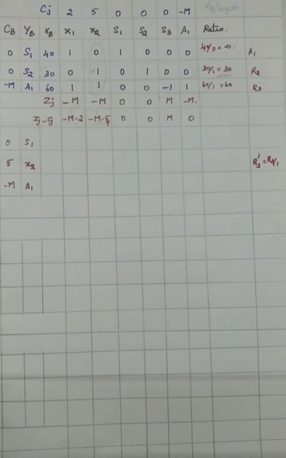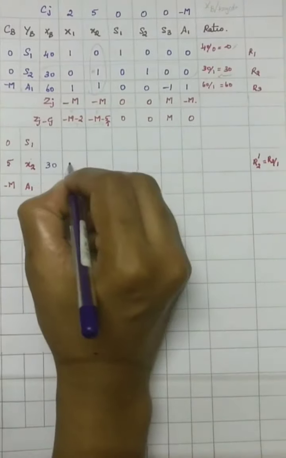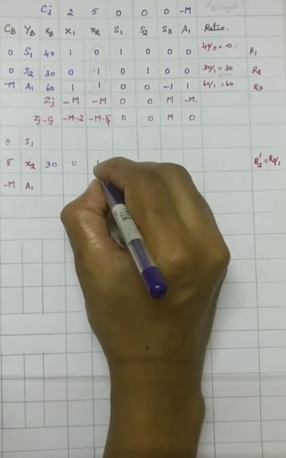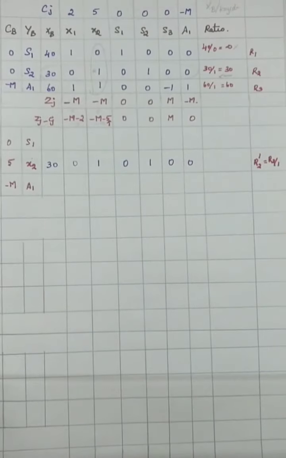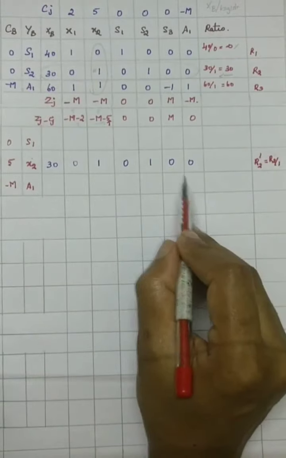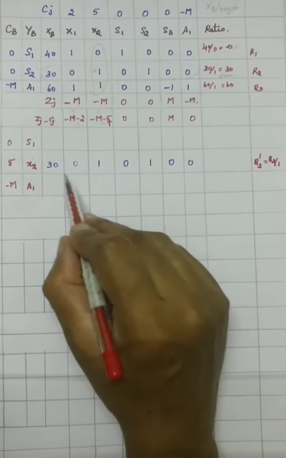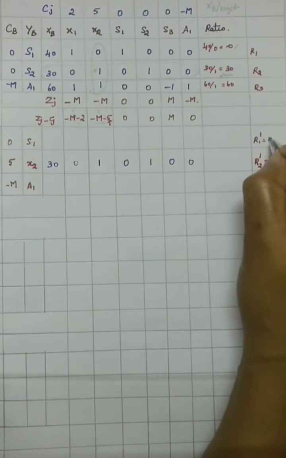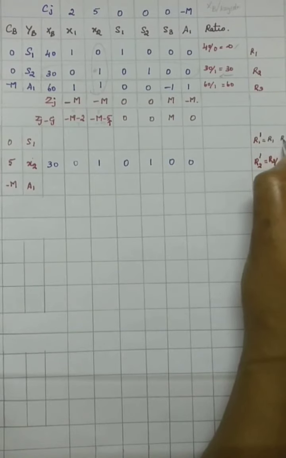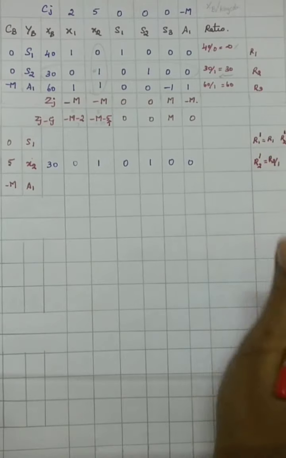Now write the values: 30 divided by 1 is 30, 0, 1 divided by 1 is 1, 0, 1, 0, 0. Using this only, you have to change this row and this row. Compulsorily you have to use this R2 dash, because here you write the formula. R1 dash always depends upon R1, and you first change the row R2 dash, so you must use these two.